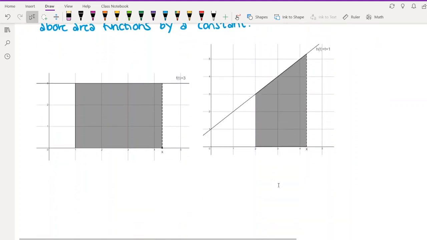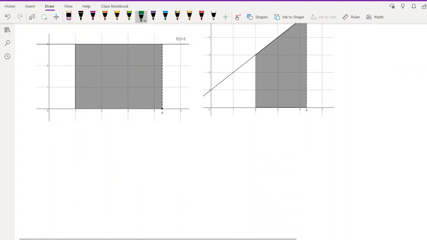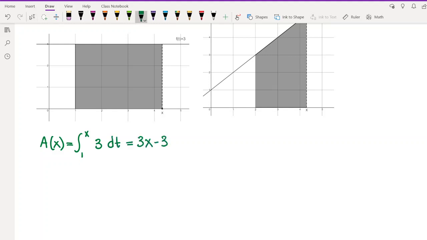And so for this first one, you should have found that the area formula for the integral from 1 to x of 3 dt was equal to 3x minus 3. And really the reason for that is basically that you're just excluding this part here, right? And so this part has an area of 3, and so the area comes out to be the same as the area you got above, but just without that extra rectangle.